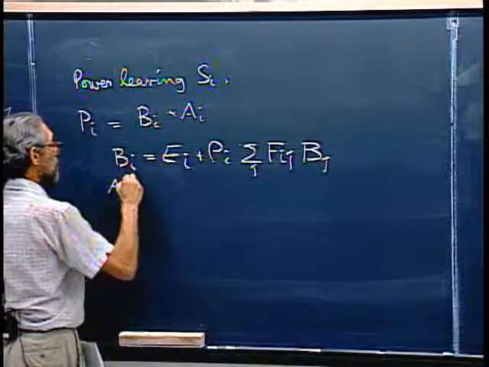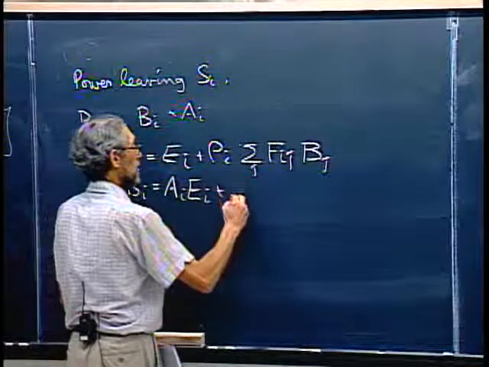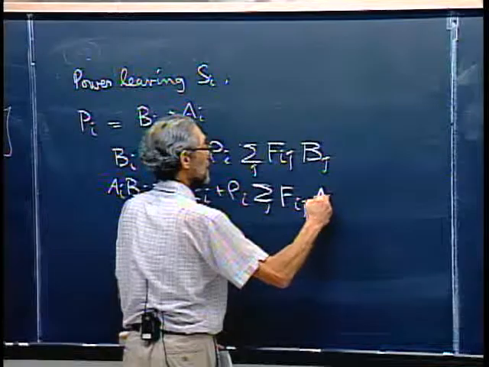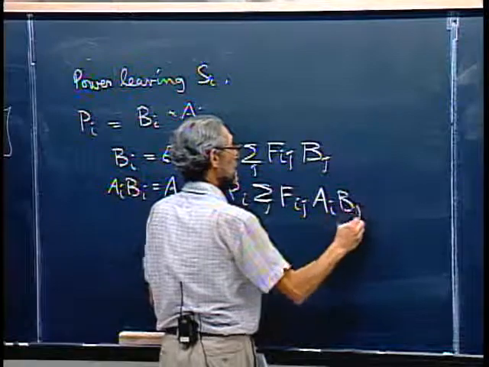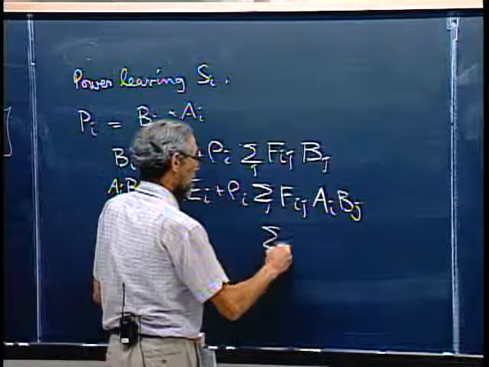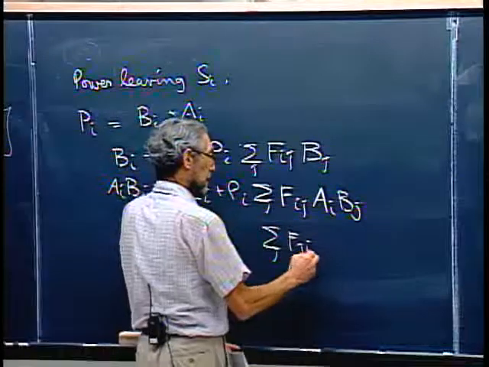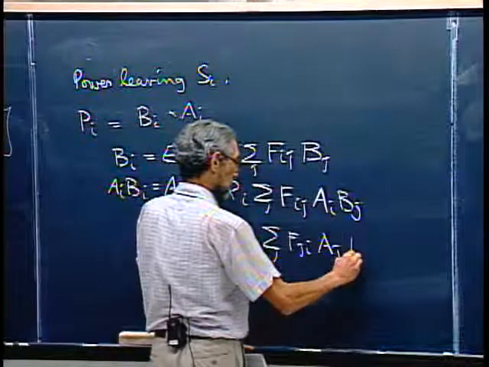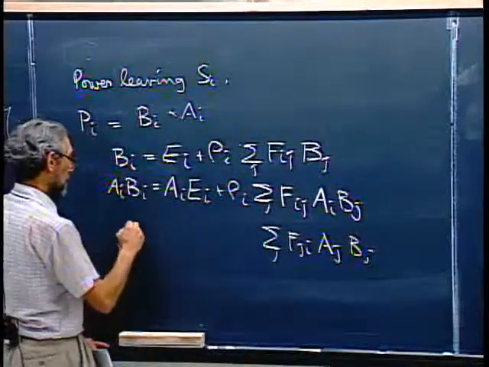We'll get Ai Bi equals Ai Ei plus rho i sum over j of Fij Ai Bj. And now by reciprocity, this is the sum of Fji times Aj. And the rest of this is going to be the same.